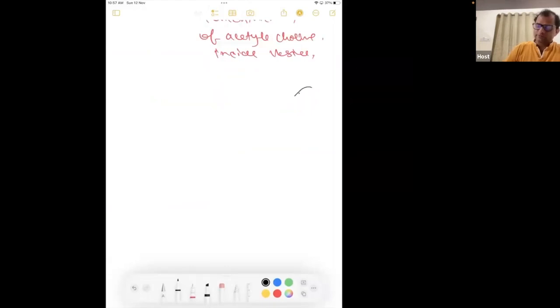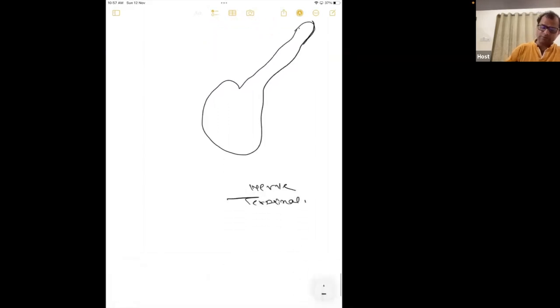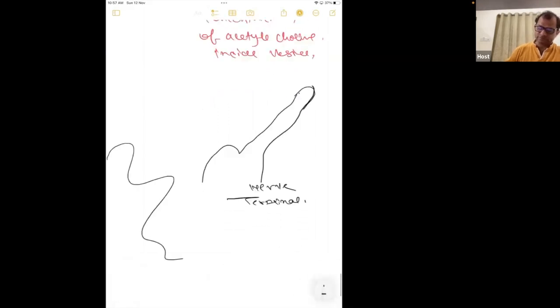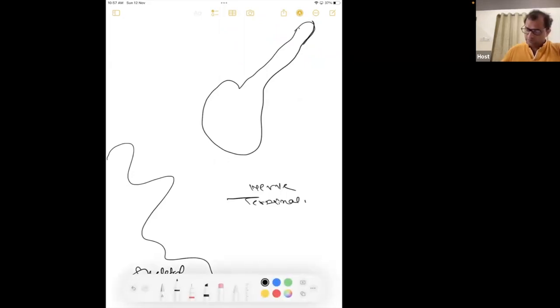So this is the nerve ending, or the nerve terminal. And here we have a skeletal muscle. Now step number 1, the electric current will come from here.